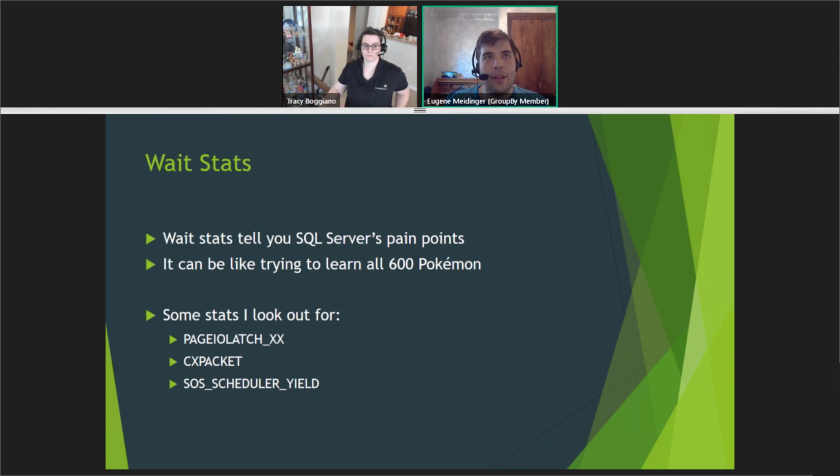And so this can be an indicator that maybe you have something else on the server that's taking up a lot of CPU, and SQL Server is losing control of the CPU frequently because it's fighting for access. Ideally, the only thing you have installed on the server is SQL Server. Ideally, you're not running SQL Server on the Active Directory domain controller and your Exchange server or whatever, right?